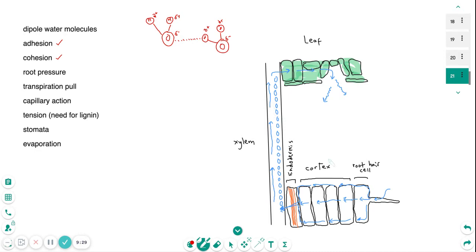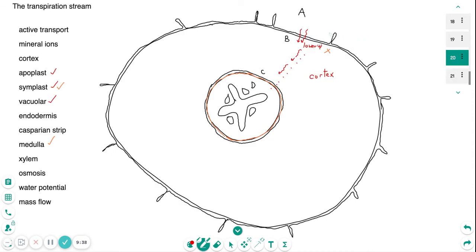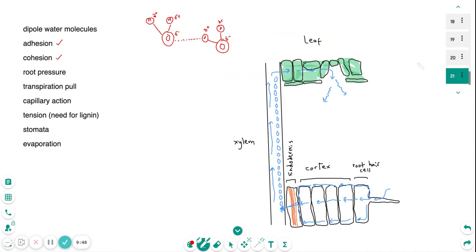All right, so I've shown this differently now. This bottom part, we've got the root hair cell, the cortex, and endodermis. These are representing what we've just seen here. This was the cortex, the endodermis, and the outer part was the root hair cells. So water, you can see, is passing straight through the middle, which represents the symplast and vacuolar pathways.